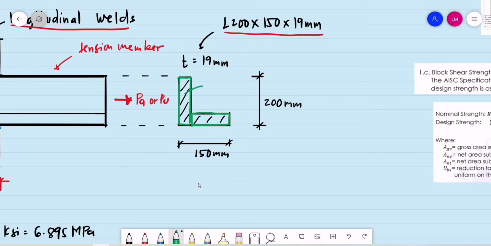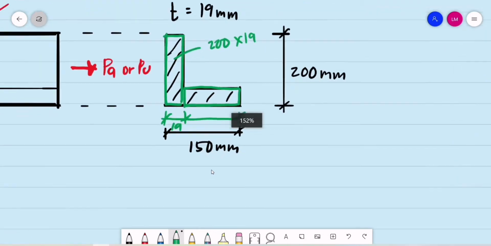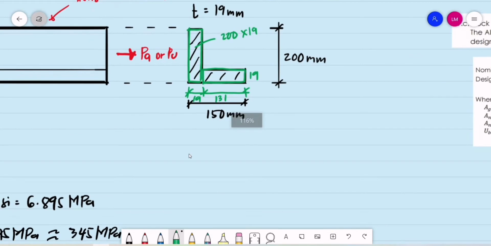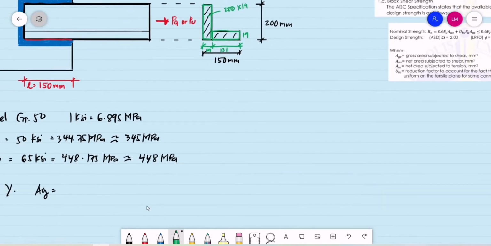So this one will be 200 by 19 millimeters. Then what is 150 less 19? If this is 19 mm, then 150 less 19 is 131. So 131 by 19. So we just divide our angle into two rectangles.